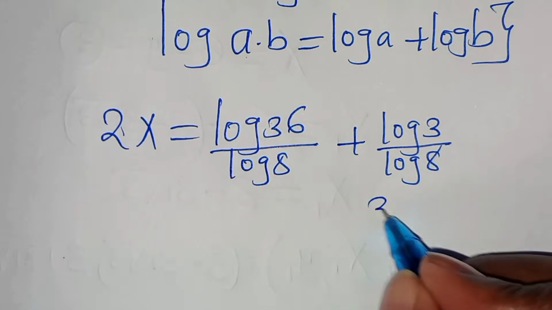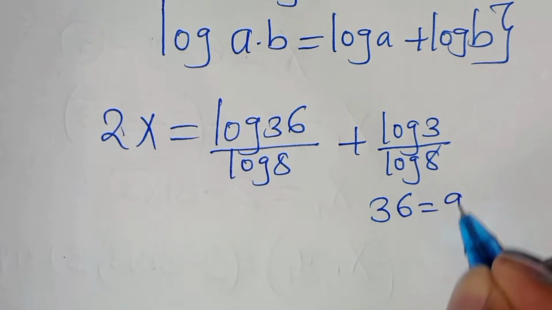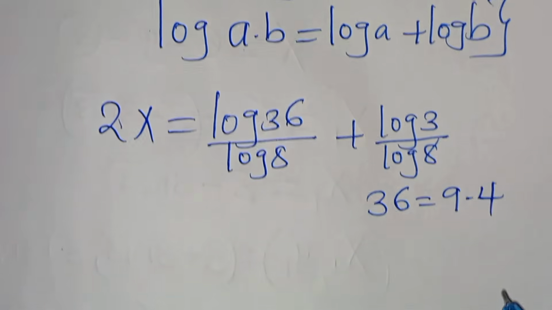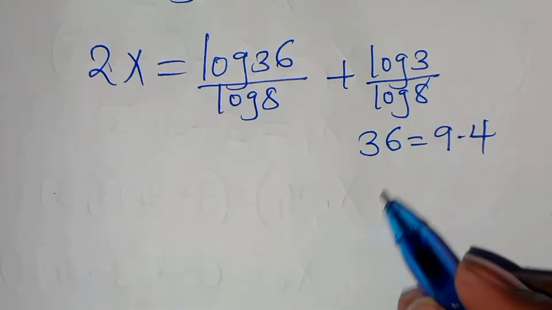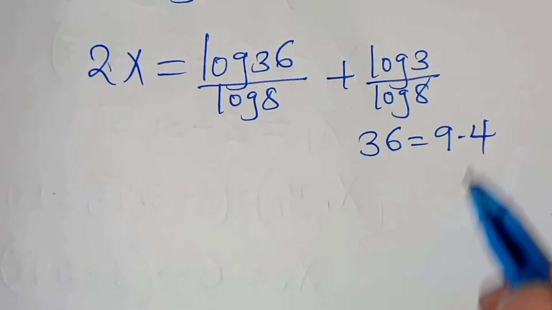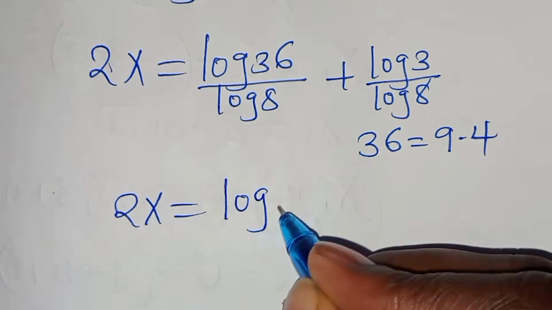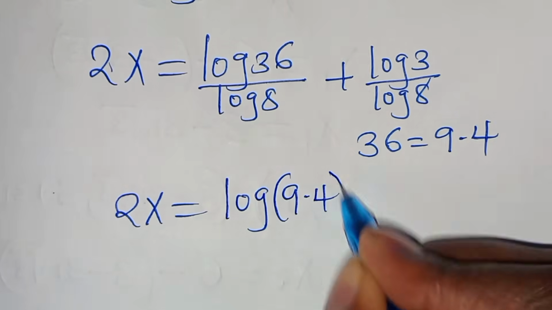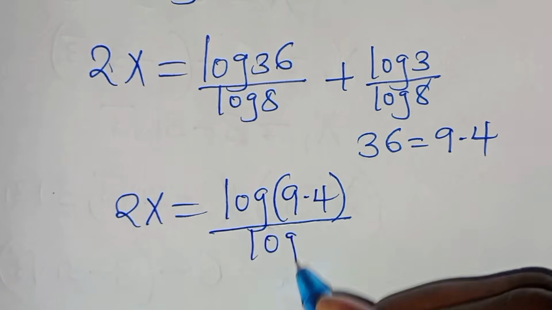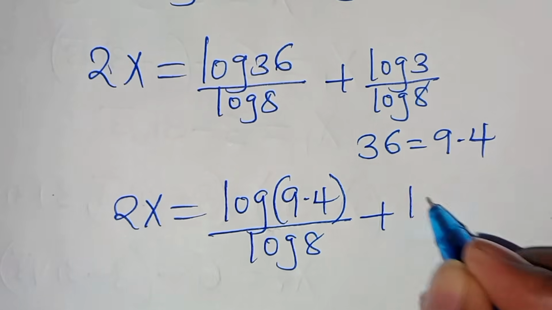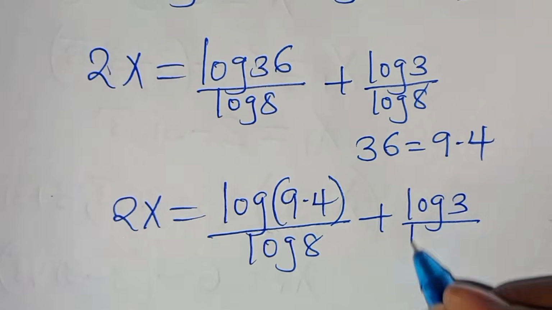We can express 36 as 9 multiplied by 4. Now let's substitute 36 with 9 times 4. So we have 2x. This is equal to log 9 times 4 divided by log 8, then plus log 3 divided by log 8.